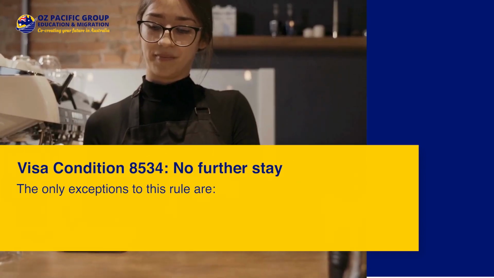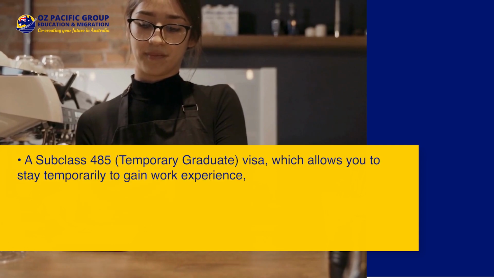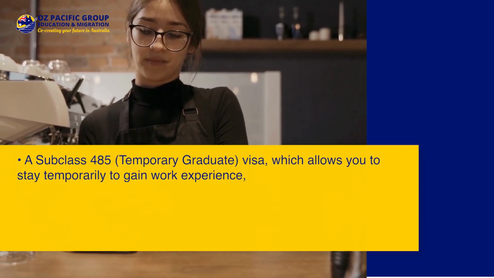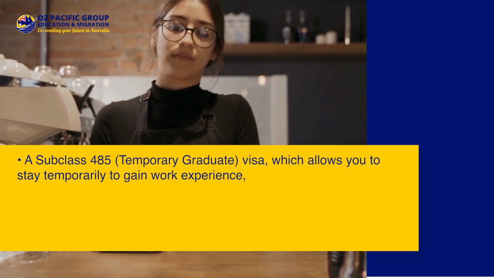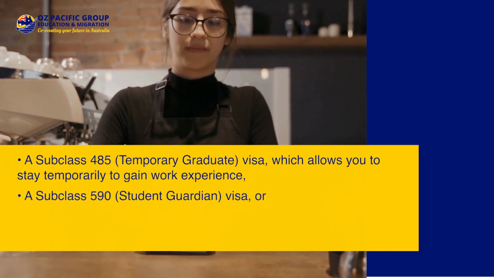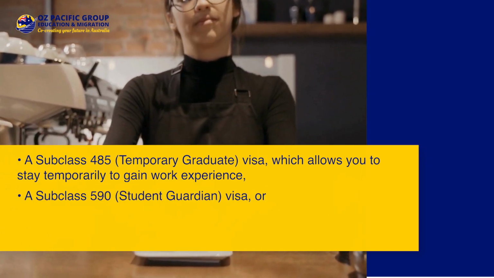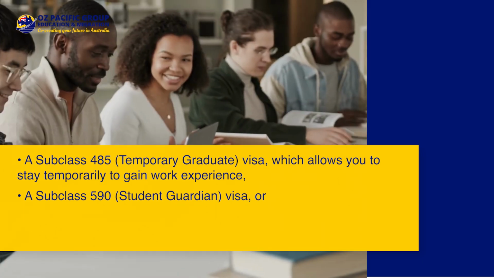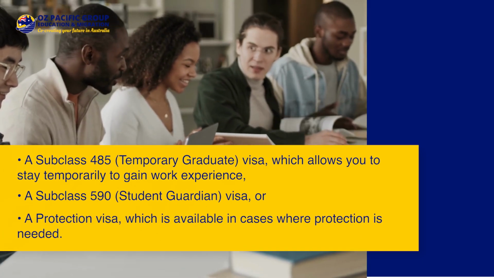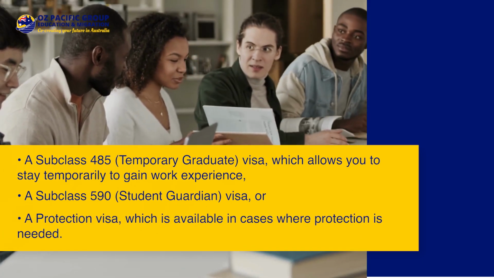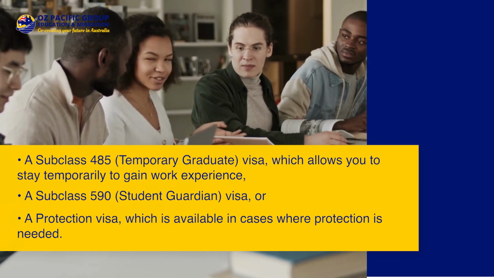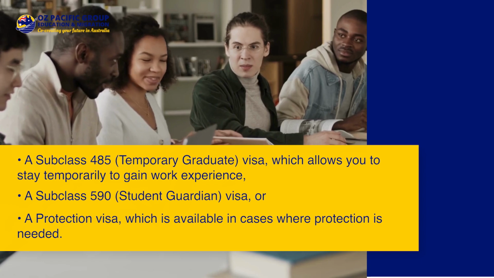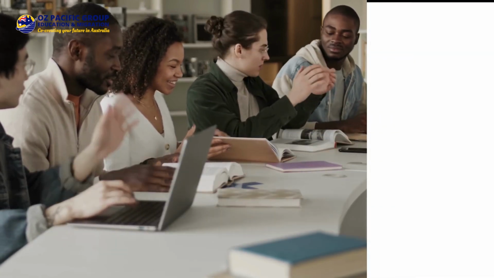The only exceptions to this rule are a Subclass 485, temporary graduate visa, which allows you to stay temporarily to gain work experience, a Subclass 590, student guardian visa, or a protection visa, which is available in cases where protection is needed. This condition is strictly enforced, so it's essential to plan accordingly if you intend to stay longer in Australia.